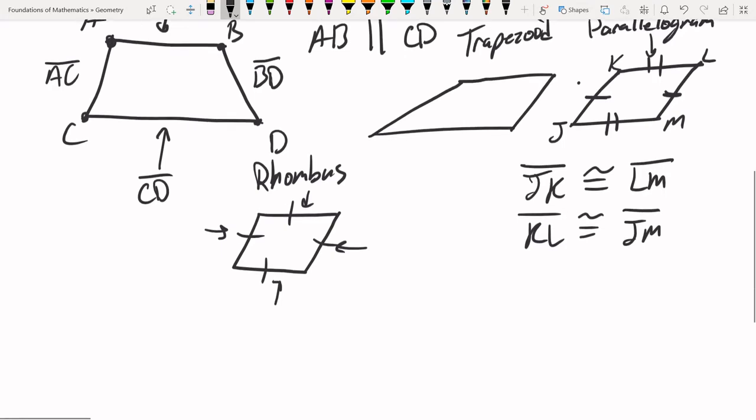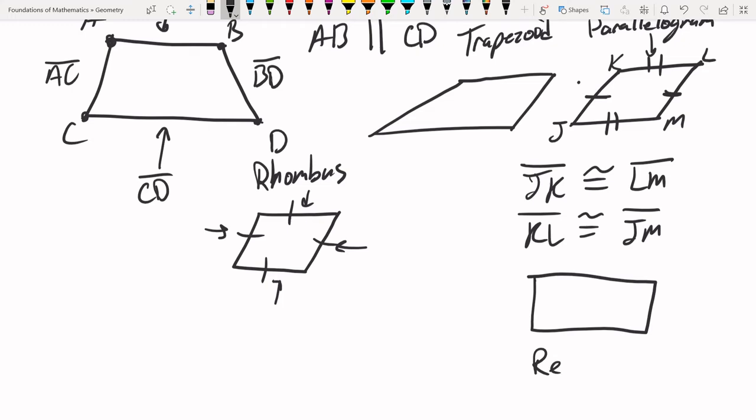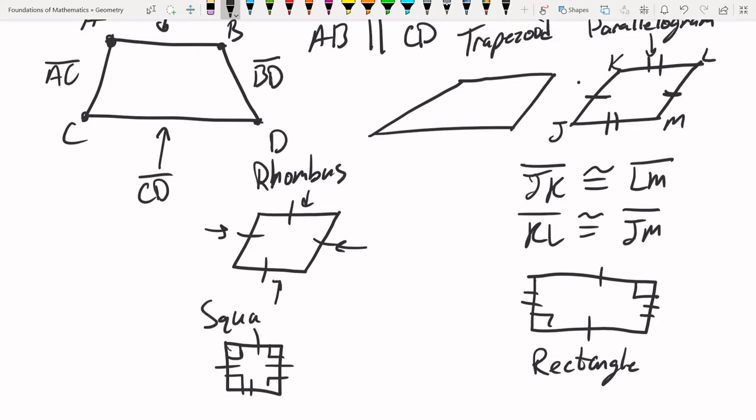Of course, if a parallelogram has right angles, so if we kind of align the sides up of a parallelogram, this is called a rectangle. Opposite sides are equal and opposite sides are parallel and they meet at right angles. And finally, a rhombus, if it's aligned completely, we have 90 degrees all the way around and all sides are equal. This is a square.